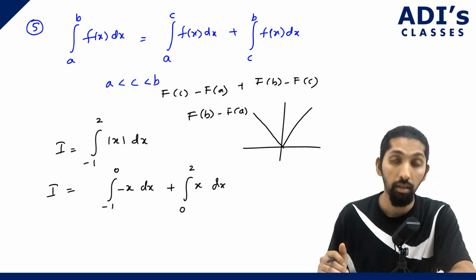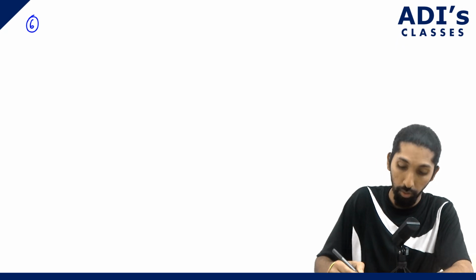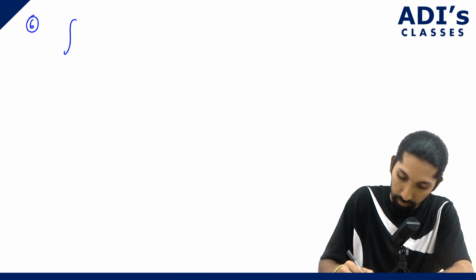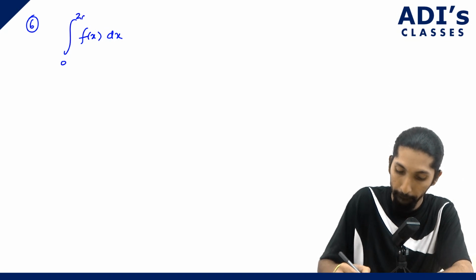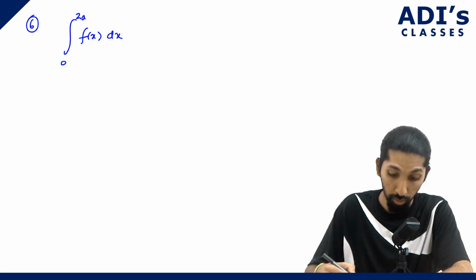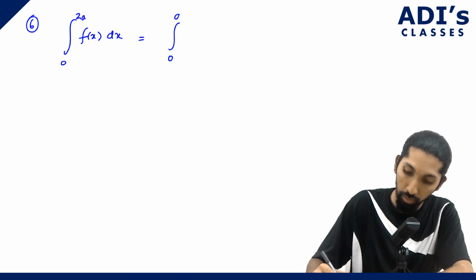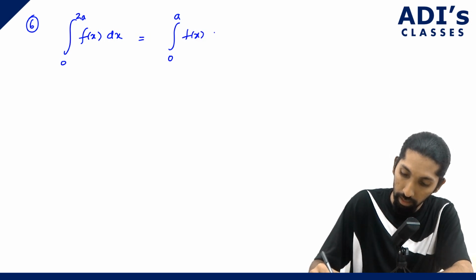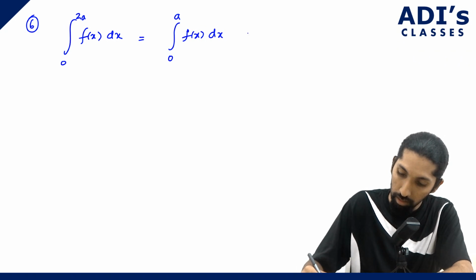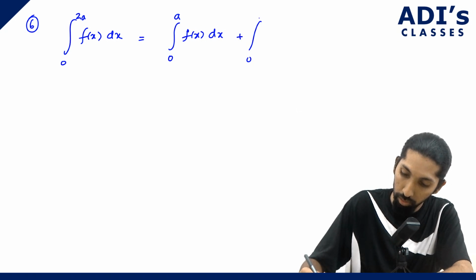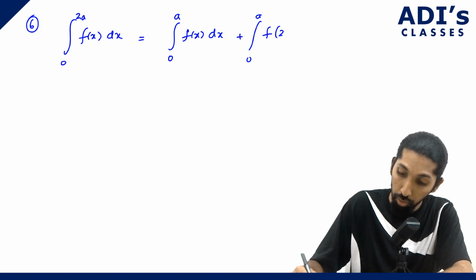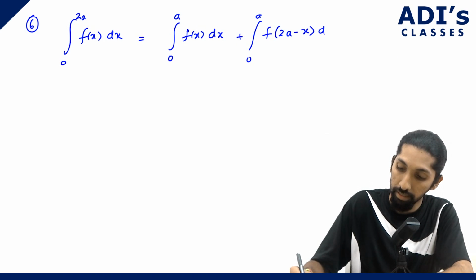Now let's go to the sixth property. What you have is the integral of f of x dx from 0 to 2a. This is given by the integral from 0 to a of f of x dx plus the integral from 0 to a of f of 2a minus x dx.